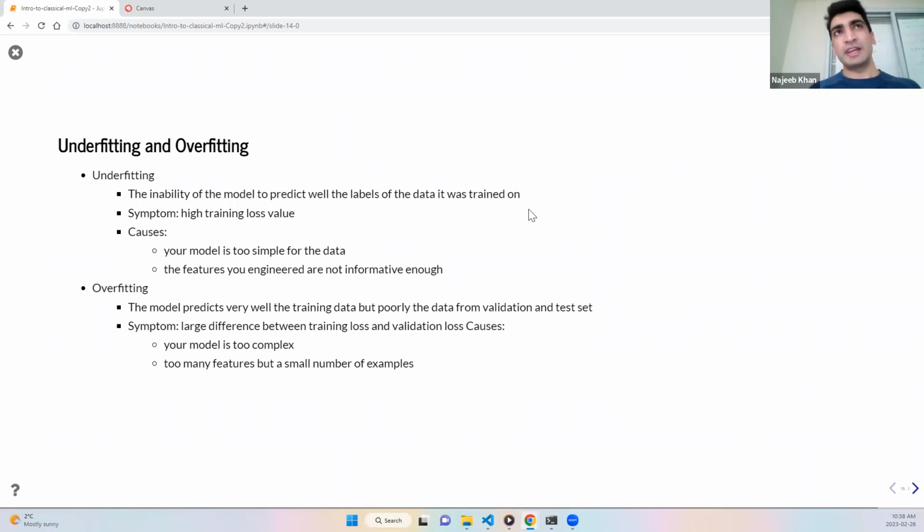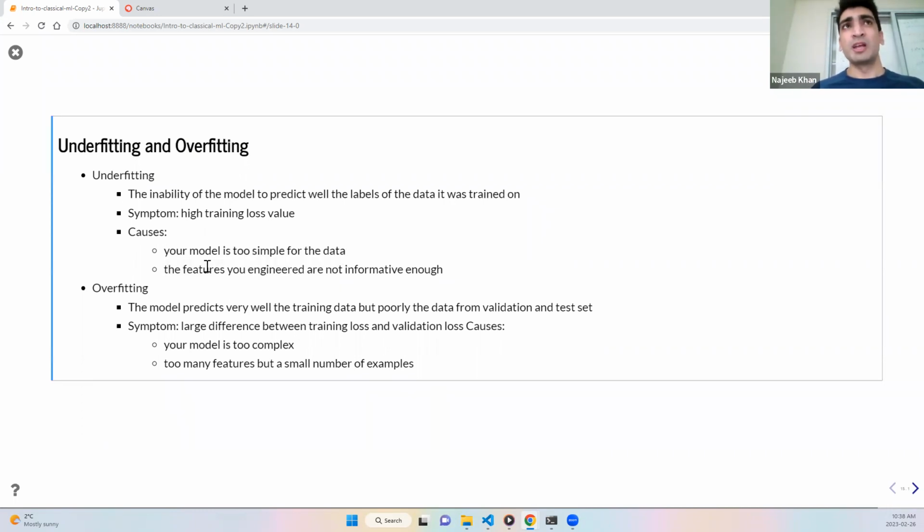So if you are not getting good training loss, if you have really high training loss, then you might be underfitting. And the reason might be that your model is too simple. So your problem requires a neural network, but you are using linear regression. So that could be one of the problems.